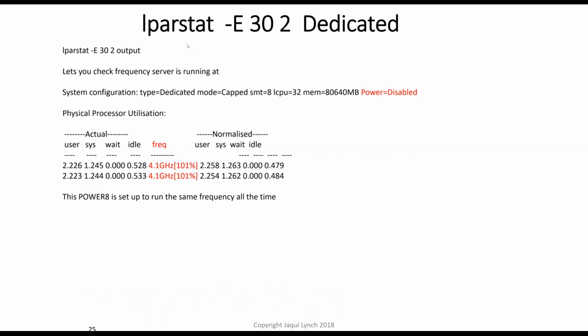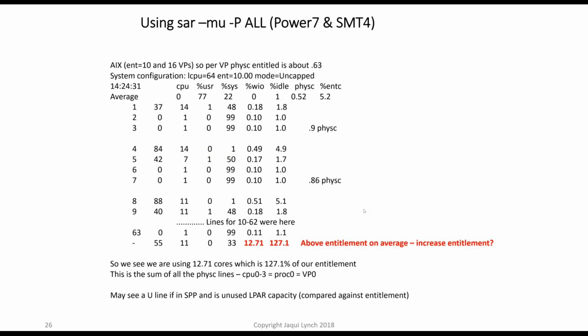For those of you that are starting to work on some of the systems that allow you to change the frequency the server's running at, which actually changes what the gigahertz is and so on, they've added a new flag to lparstat, this -E, and it will actually tell you if you are running in a power dynamic mode, or in this case it was running disabled, and it will give you the actual and normalized counts, and it will tell you what the gigahertz is. You shouldn't need to look at that, but it's there if you want it.